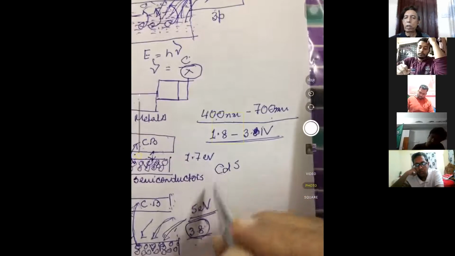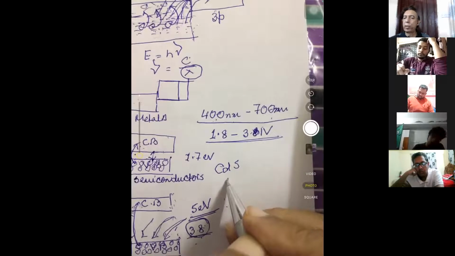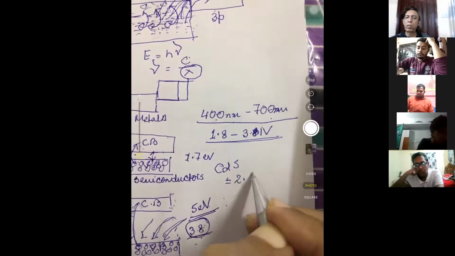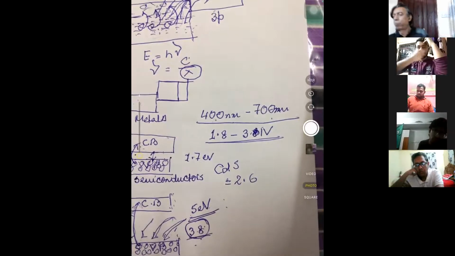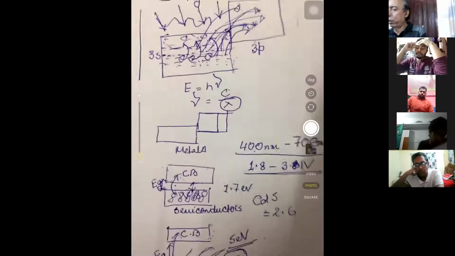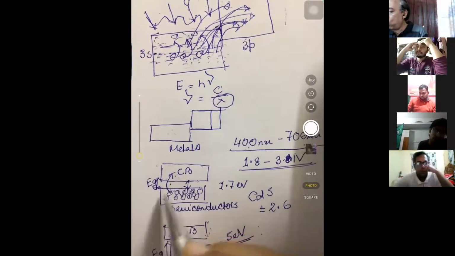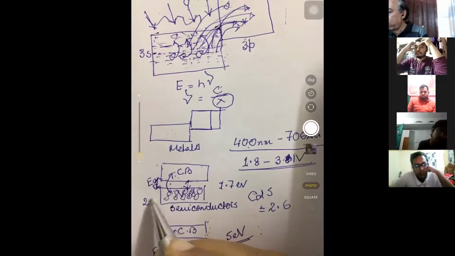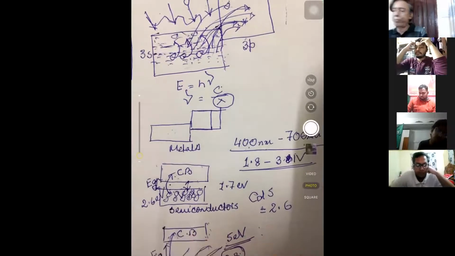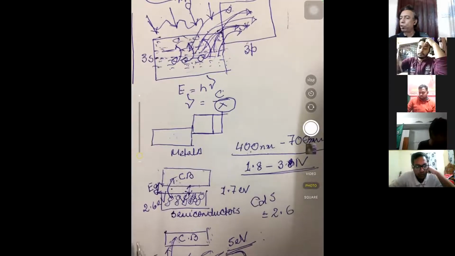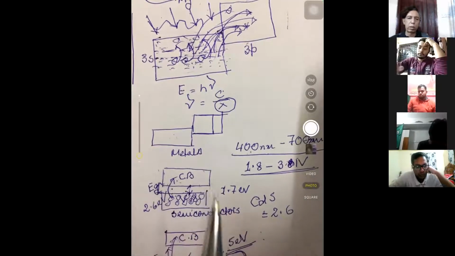Its band gap is about 2.6. That means this gap is 2.6 electron volt.